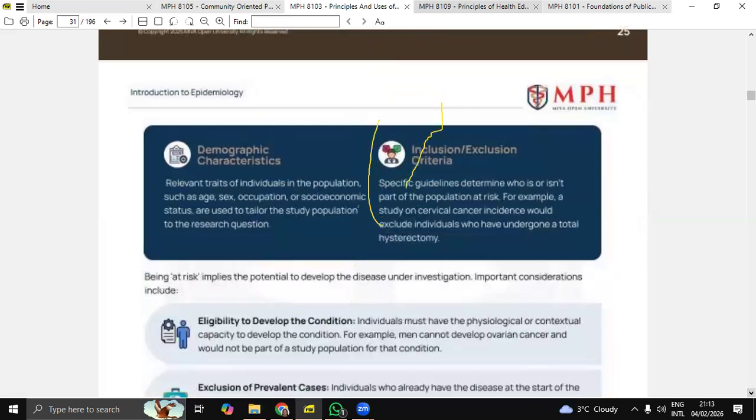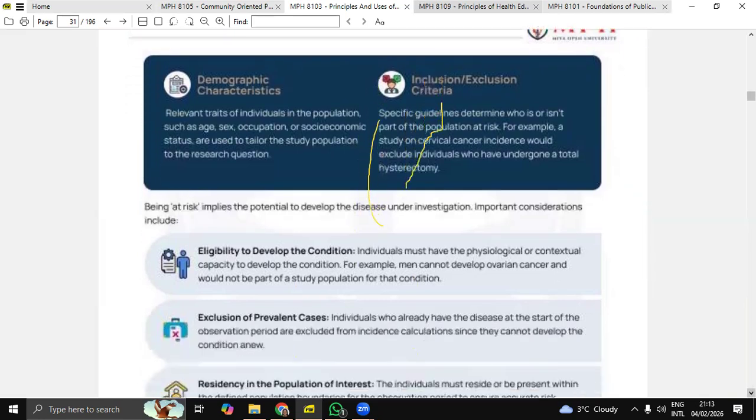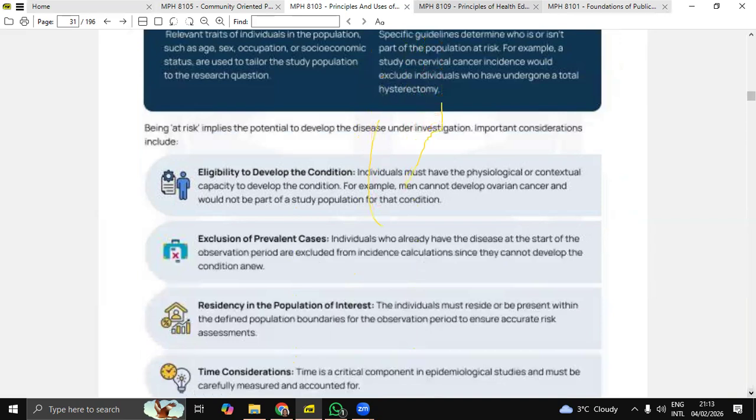Which age of people are being affected? What's their sex, their occupation, their socioeconomic status? It helps us bring it down to the particular population that we are studying. And then we have things like inclusion and exclusion criteria.